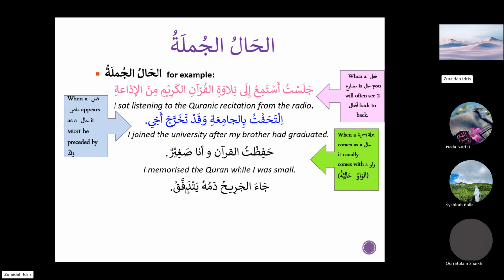It is jumla fi'iliyah, but as a khabar to this jumla ismiyah. So his blood is spilling out.